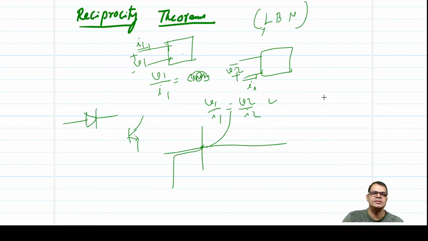But resistors are bilateral, capacitors are bilateral. Always remember, a passive network is linear if it is made up of linear elements. In network theory we are discussing only linear elements, so a passive network is always bilateral.